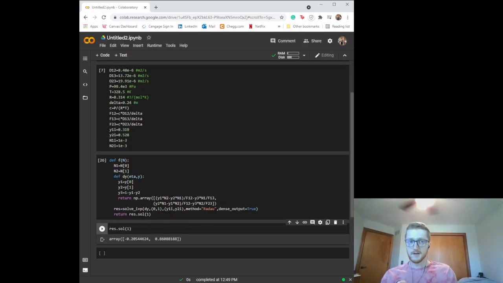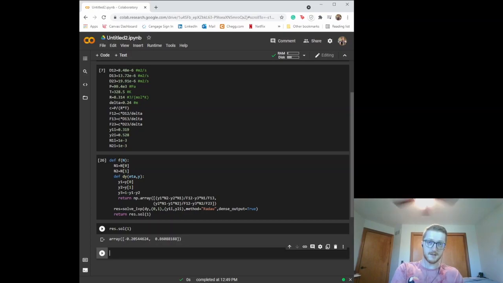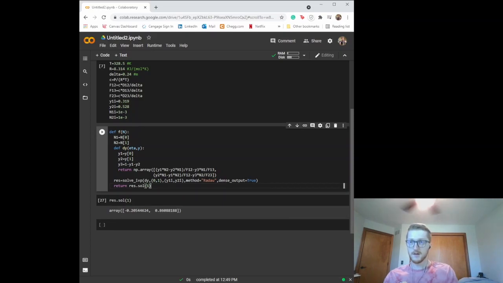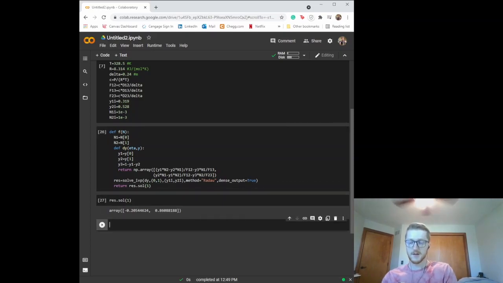And now we can see that we still have the issue of the values not being the same. So we want to use the root solver, which we'll do down here.